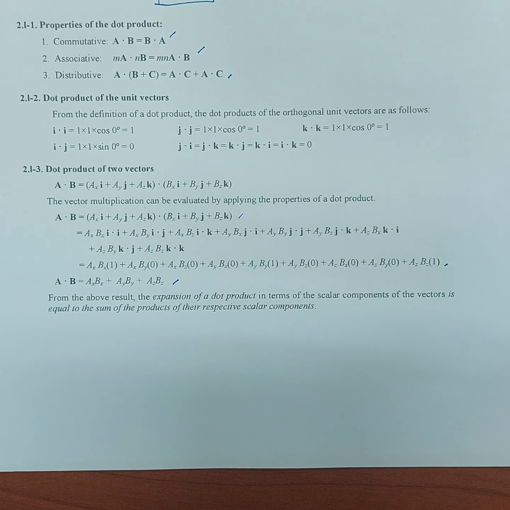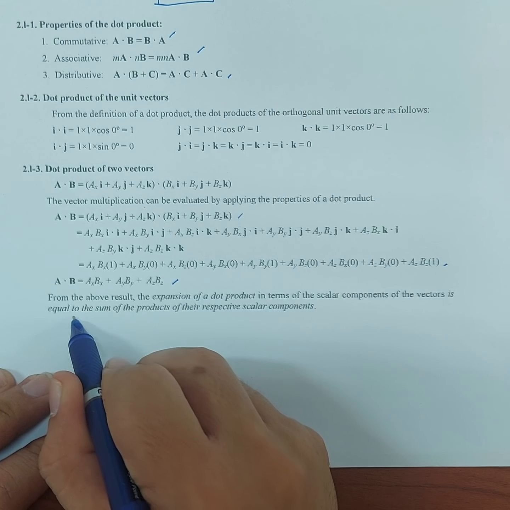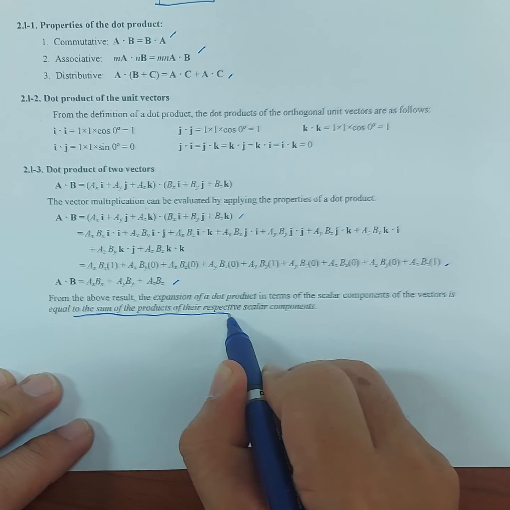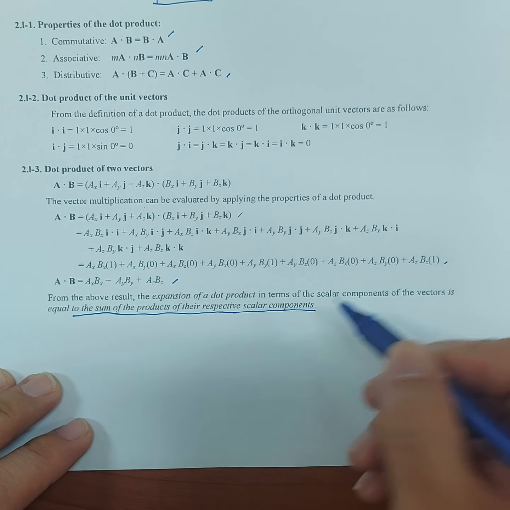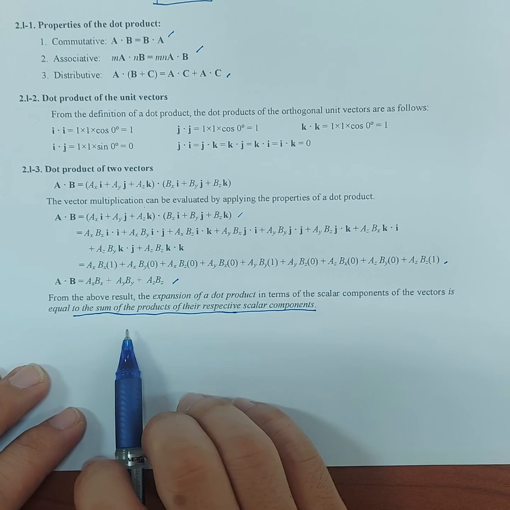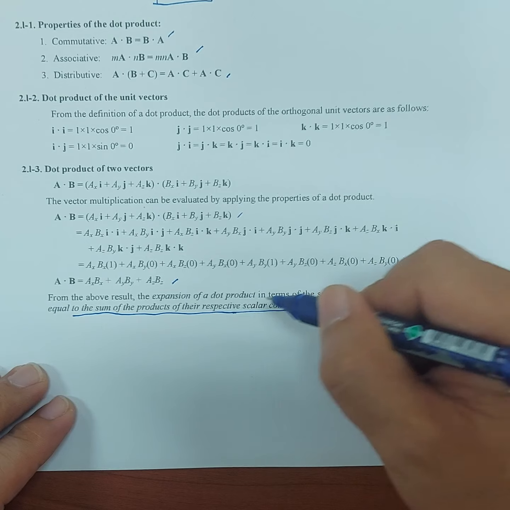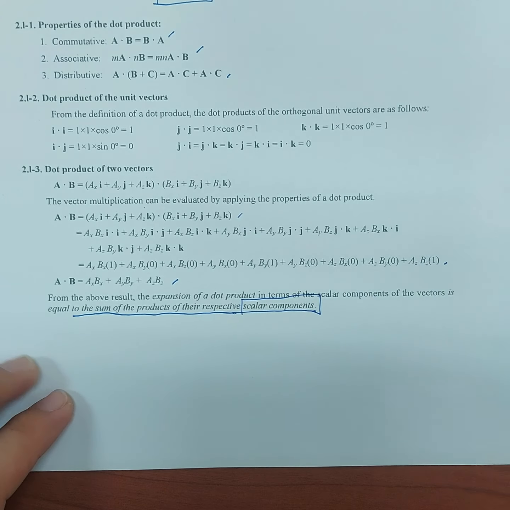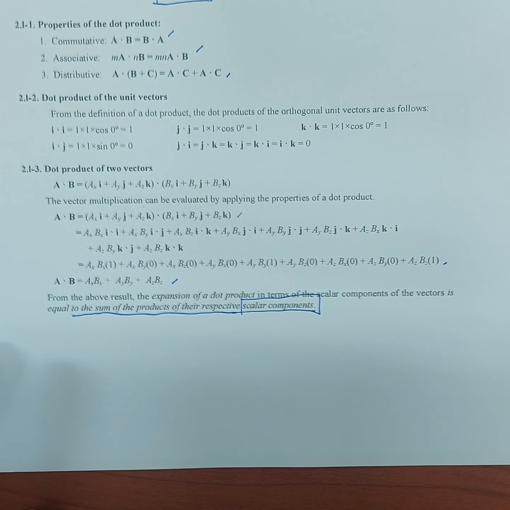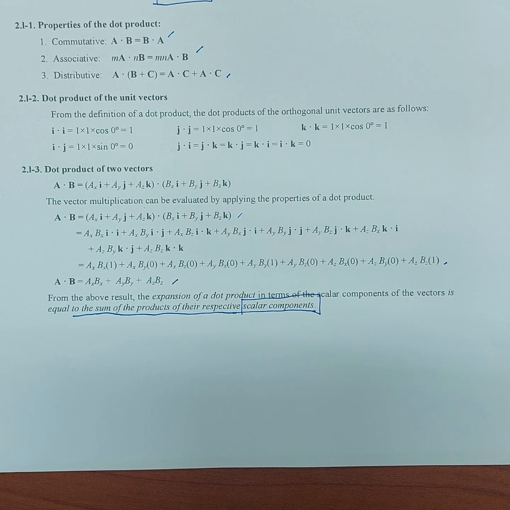From the above result, the expansion of a dot product in terms of the scalar components of the vectors is equal to the sum of the products of the respective scalar components. That is how we solve for the dot product of two vectors.